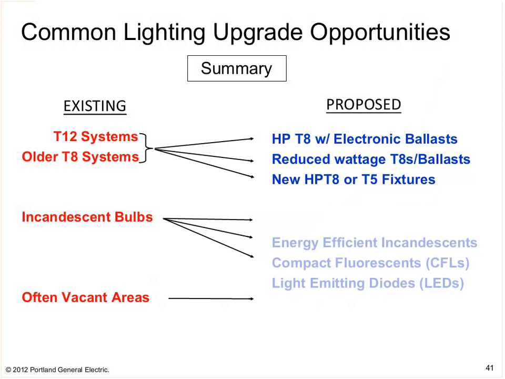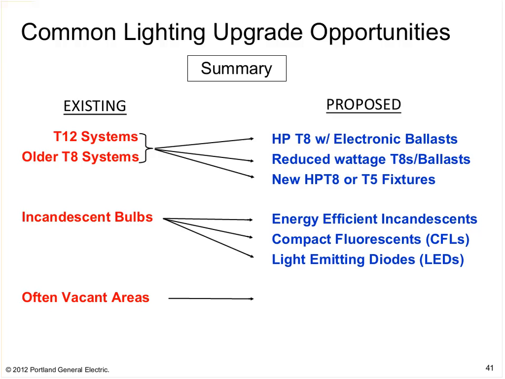If you have incandescent bulbs, you can go to the energy efficient incandescents, which are these ones that look like regular bulbs, but they're actually halogens inside, compact fluorescents, or light emitting diodes. And if you also have par lamps, incandescent par lamps, some of your standard halogens, you can go to the par 30, par 38, the directional LED sources. If you have areas that are often vacant, be sure to look at occupancy sensors.